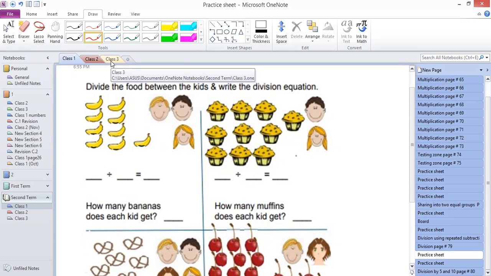And you have to distribute them among how many kids? 3. So can I write here 3 divided by 9? No. 9 divided by 3. Oh, sorry. I will write here 9 divided by 3, okay? Now, divide this food among 3 kids, 9 divided by 3. And tell me what will be the answer.